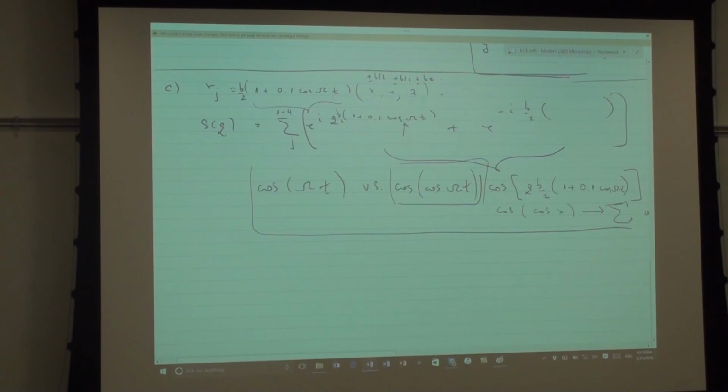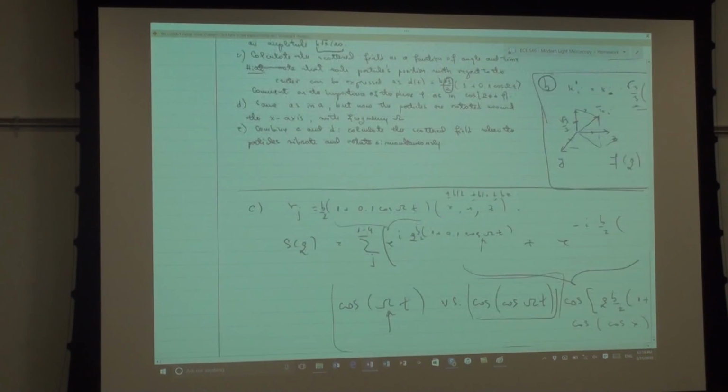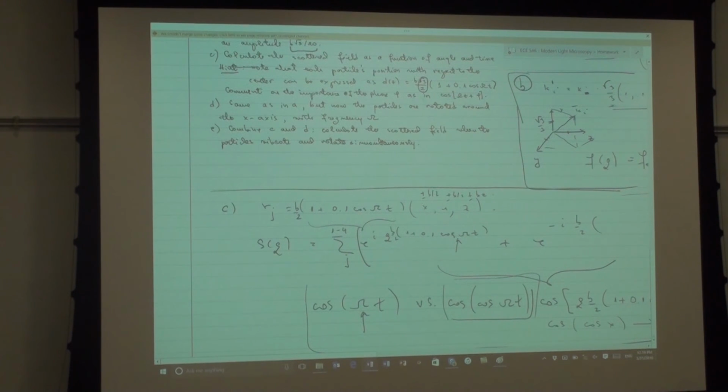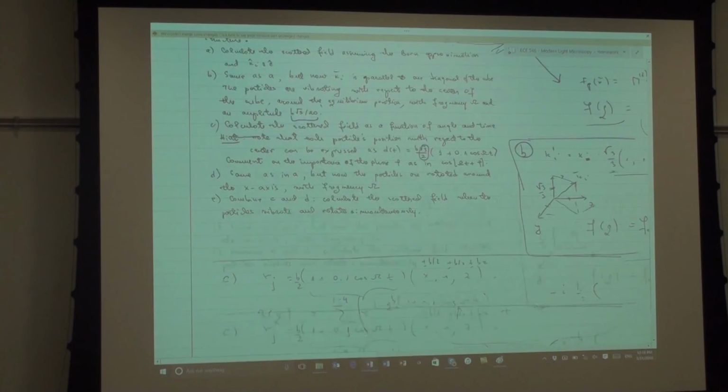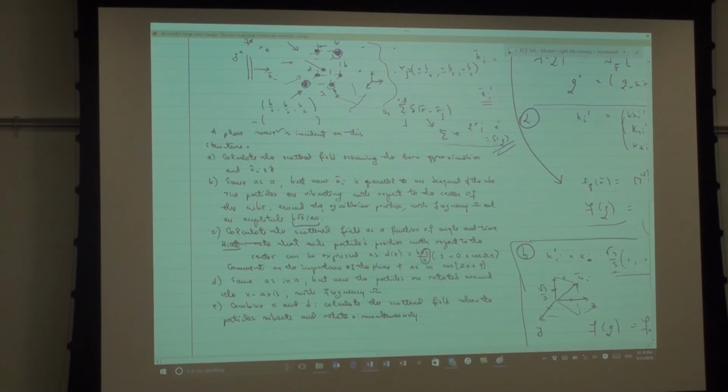So you do get an intensity that will oscillate at omega, but you also get higher harmonics, which I thought was an interesting observation. Now, since we only have 2 minutes or 1, rotating the thing is like before, really.